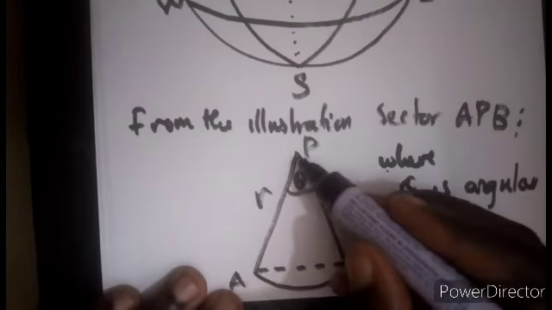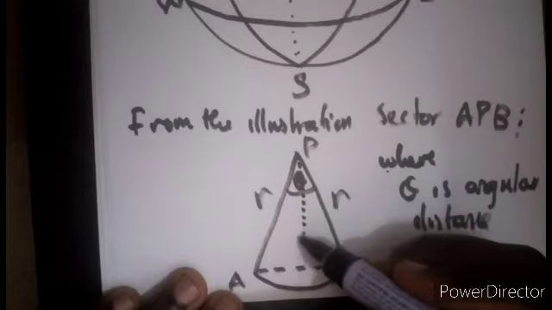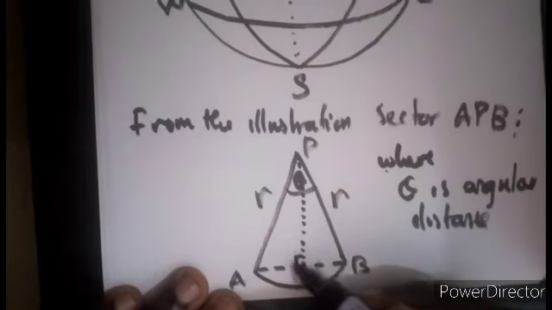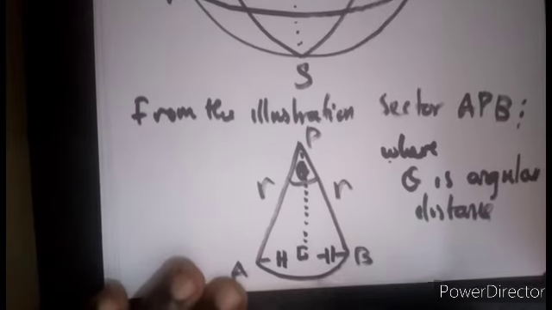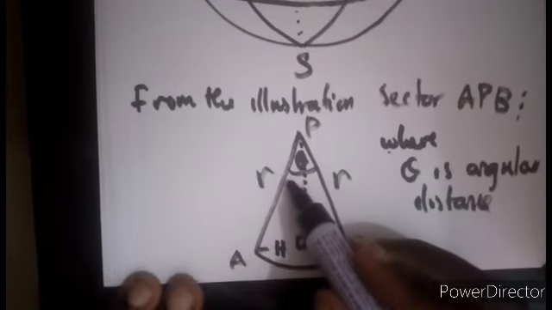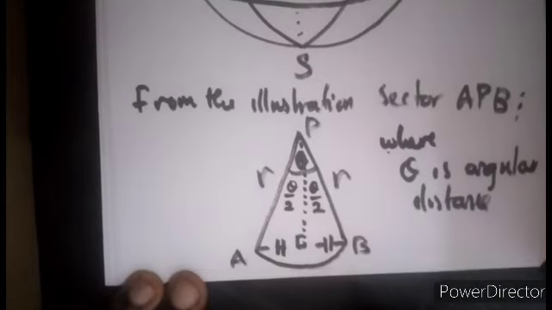Now, if I bisect this angle into 2 equal halves, so we'll have this side to be equal to this side, and this angle will then be theta all over 2. Same thing here, theta all over 2.